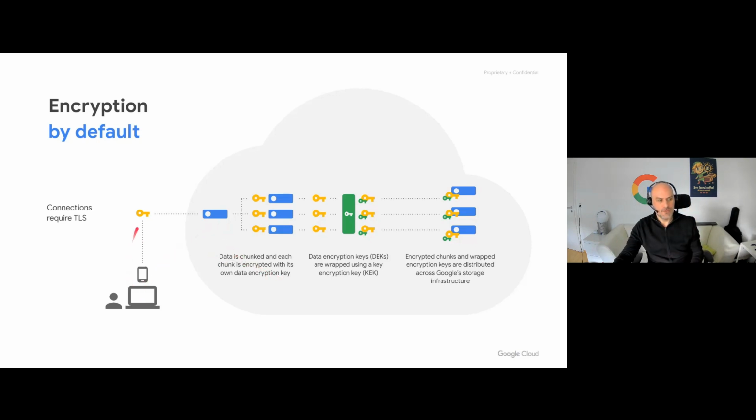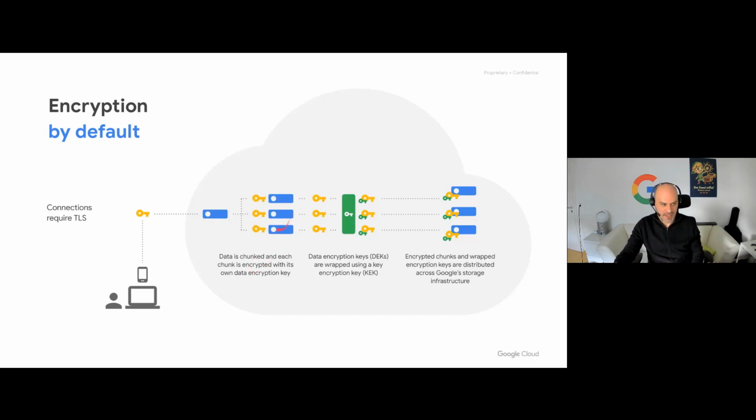When you connect to our cloud and store something within the cloud, every single file is chunked, so split into 3 parts. In that example, in reality, it's more than 3, depending on the file size and other circumstances, but it's much more. And every file part gets encrypted with a so-called data encryption key.